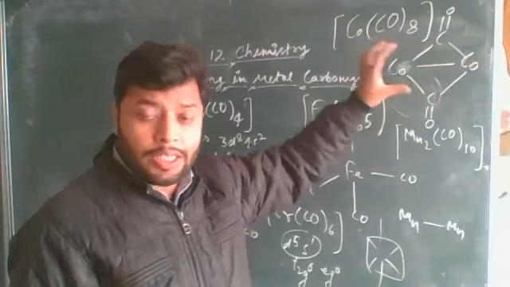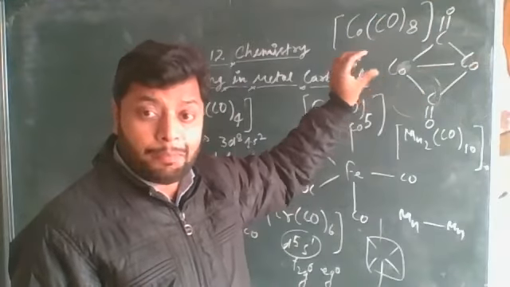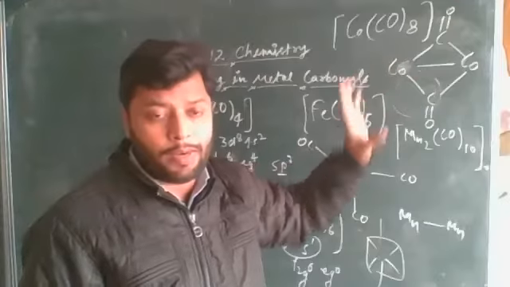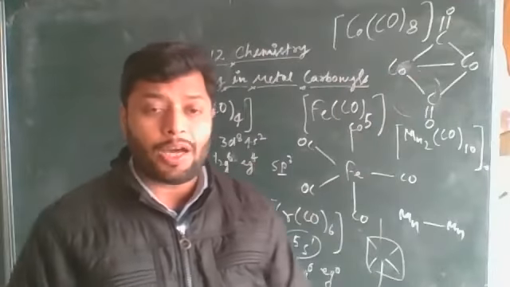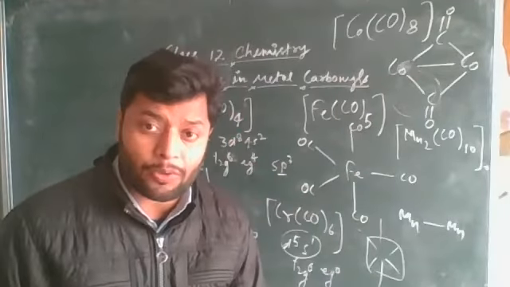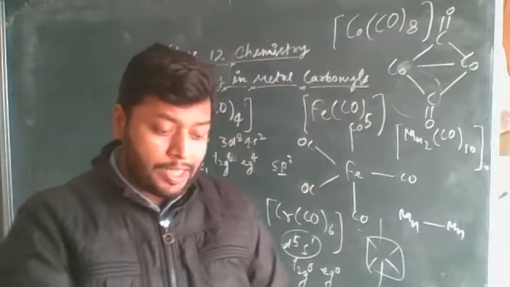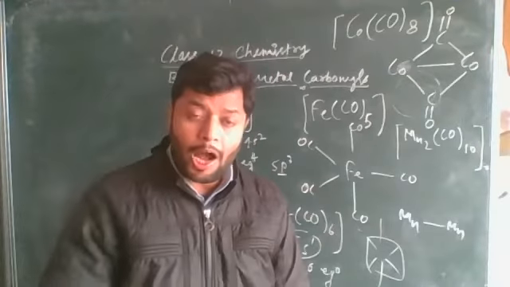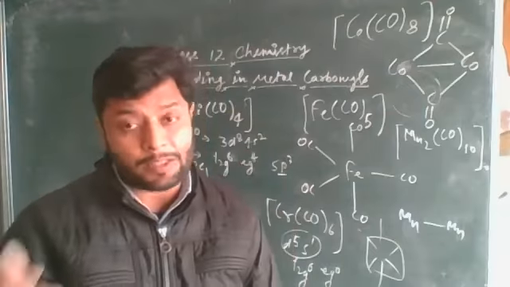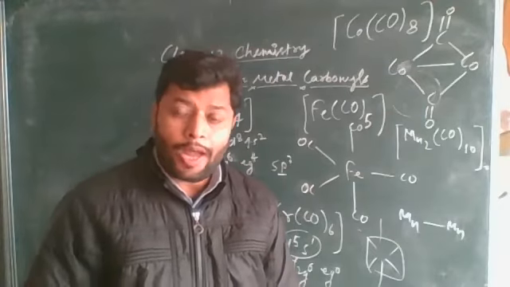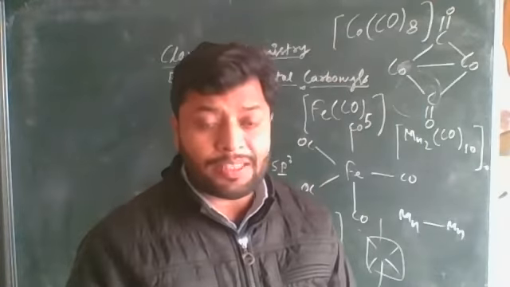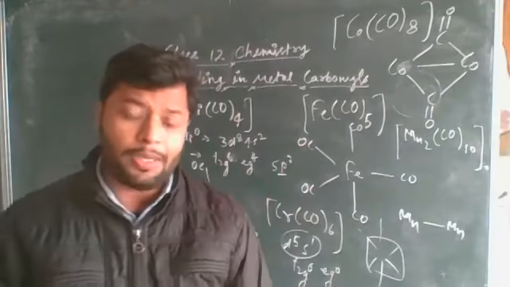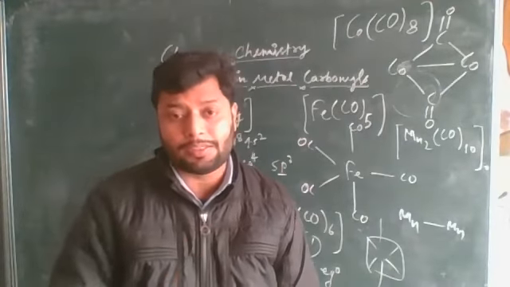So there are 3 terminal carbon monoxide per cobalt and 2 bridging carbon monoxide, so the total number of carbonyl groups is 8. These structures are given in your NCERT, but we have to discuss how this kind of bonding can take place. Why are carbonyl complexes of metals generally very stable, more stable compared with other complexes?